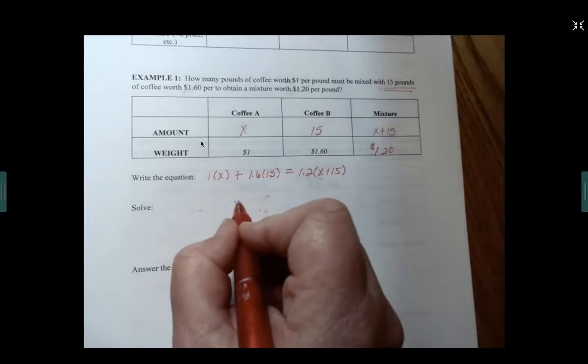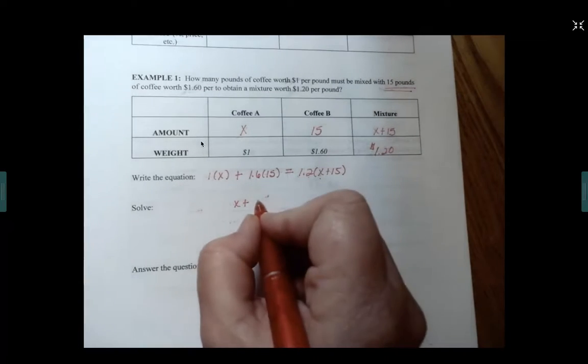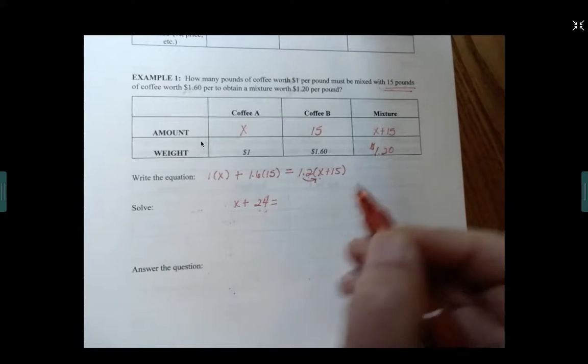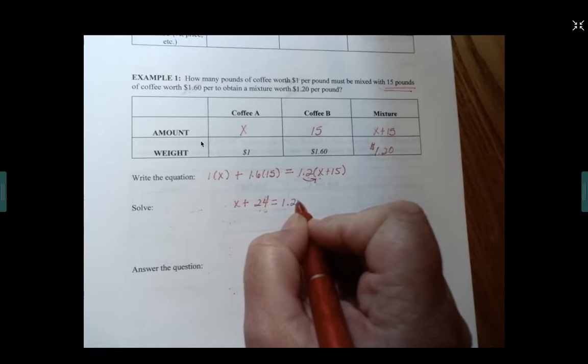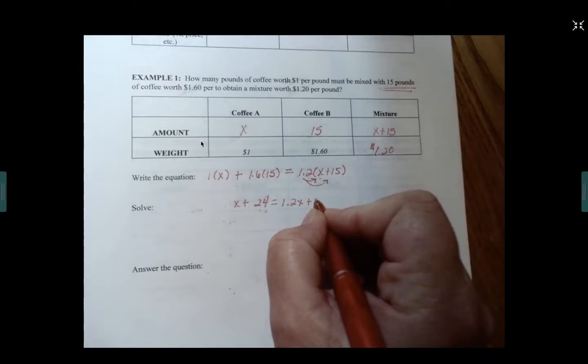So 1 times x is x. 1.6 times 15 is 24, equals, now we have to distribute this 1.2, so I'll get 1.2x, and then 1.2 times 15 is 18.